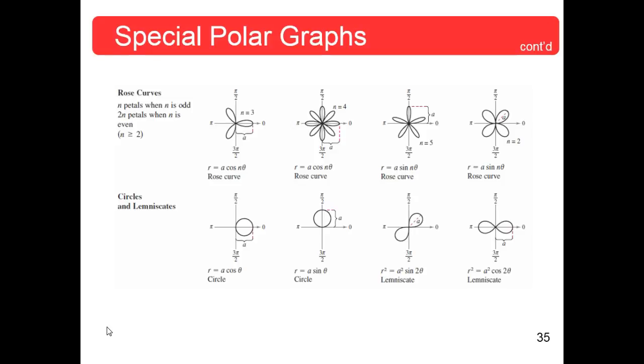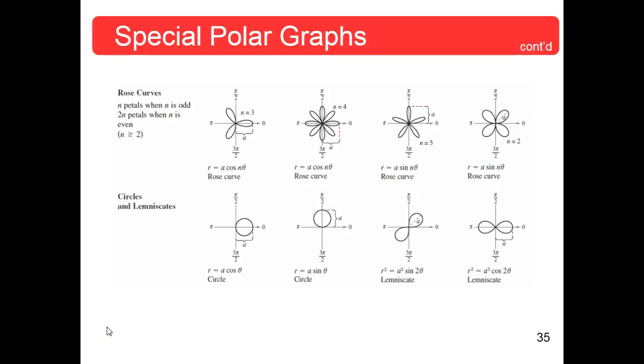This would be a 5 because it has 5 petals. And again, a is the maximum. Some things to note here. When n is 2n plus 1, in other words, it's 3, 7, in those, your a is on the x-axis, but when it's 5 and 9, they're on the y-axis.